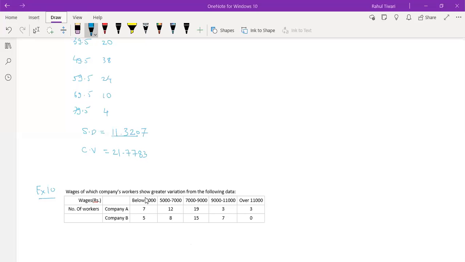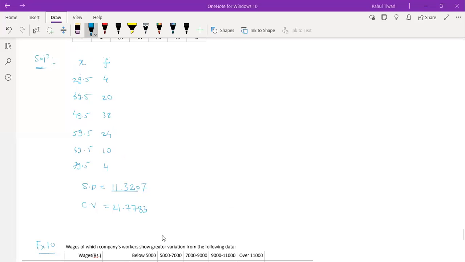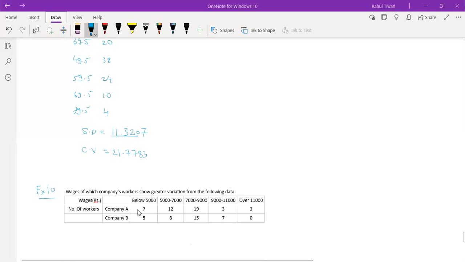This is your x and this is your frequency. You can compute x from here. So x will be the midpoint of 3000 to 5000, which is 3500. So 3500 is your x and this is your f.